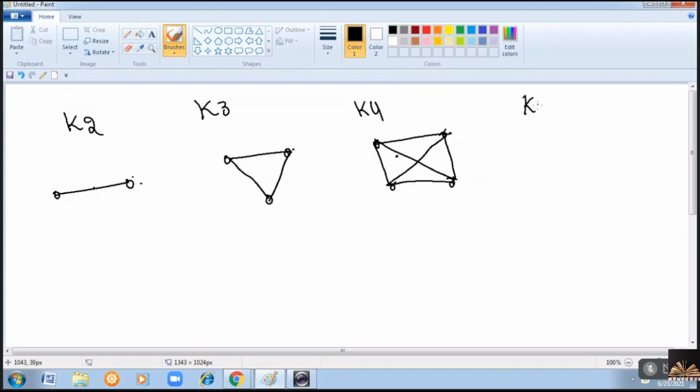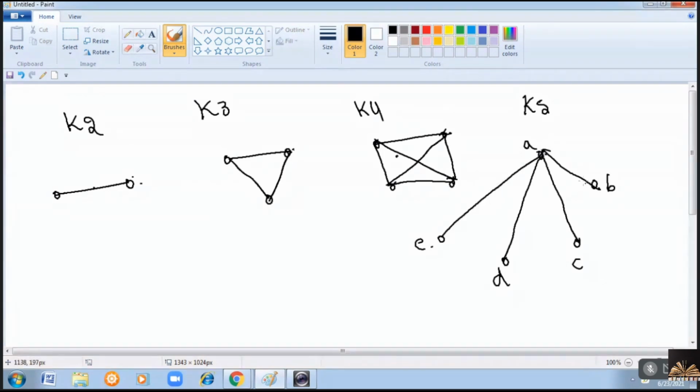Now when the number of vertices is 5, assume A, B, C, D, E. From A to B, A to C, A to D, A to E. B to A, B to C, B to D, B to E. C to A, C to B, C to D, C to E. Now D to A, B, C, and D to E. Clear? This is the complete graph with 5 vertices.